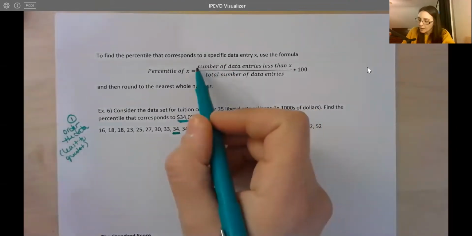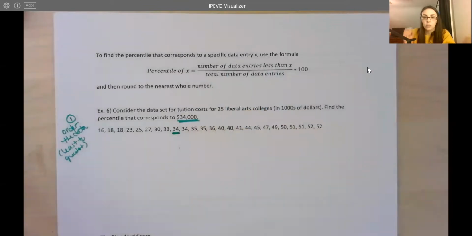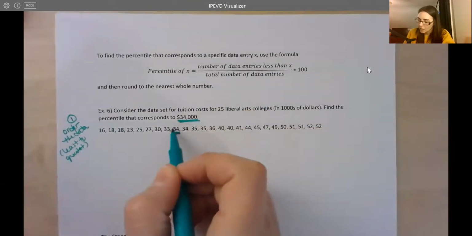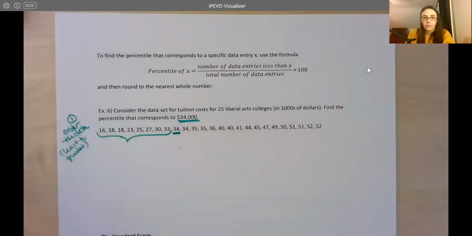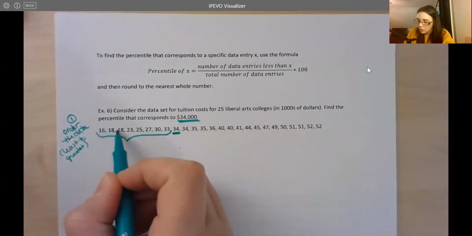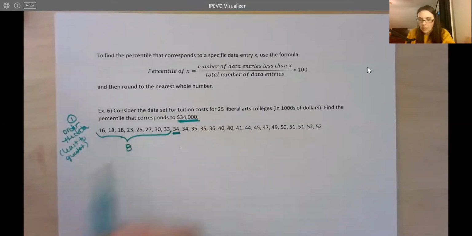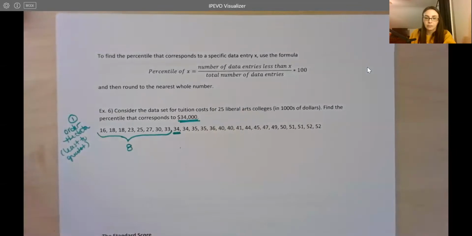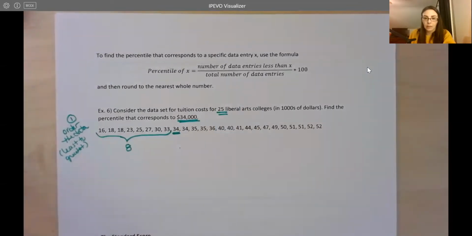So look at our formula, the number of data entries less than x. So strictly less than. So here's 34. The numbers that are less than are right here. I have 1, 2, 3, 4, 5, 6, 7, 8 data points less than that. I have 25 data points altogether.